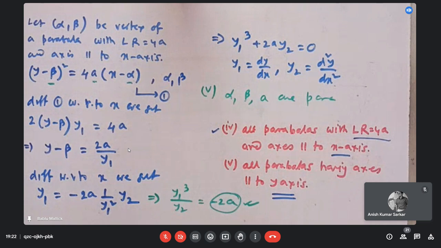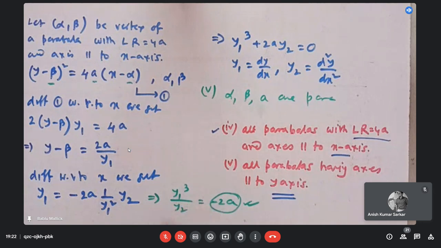Next heading. So this is the formation of differential equation. Next write: exact differential equation. In your syllabus, we shall check exact differential equation.